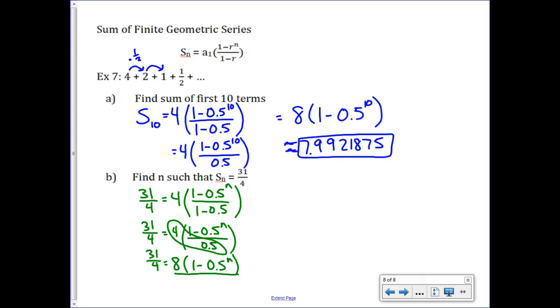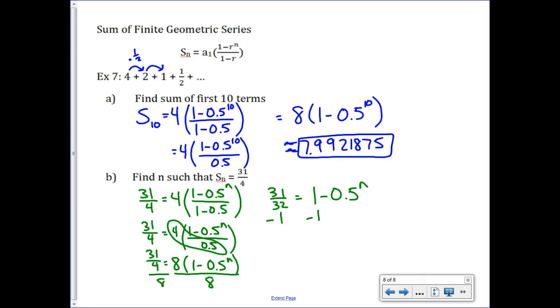I'm going to divide by 8 then on both sides instead of trying to multiply that 8 in, because there's that exponent of n in there. So 31 over 4 divided by 8. Well, since I'm dividing by 8, it's the same as multiplying the denominator by 4. I get 31 over 32 is equal to 1 minus 0.5 to the nth power. Now I'm going to subtract 1 from both sides.